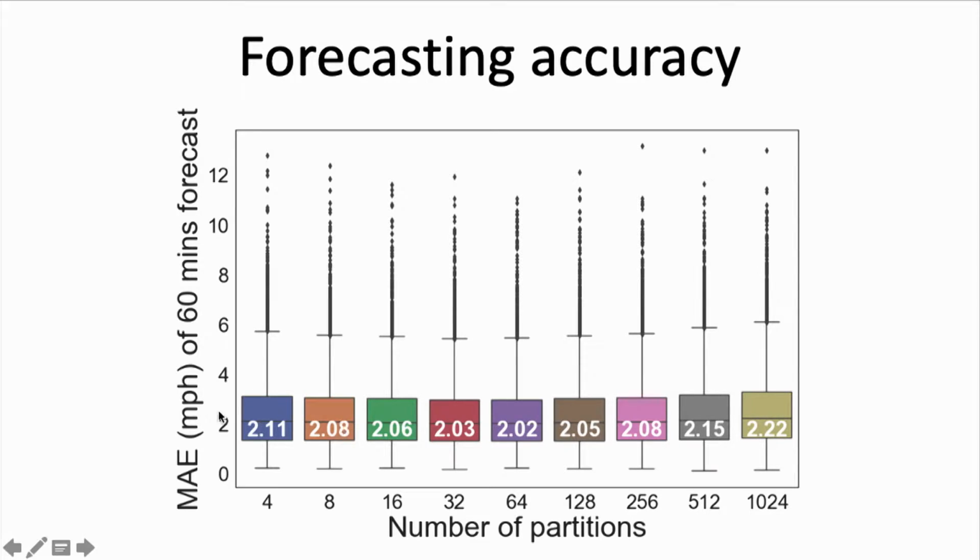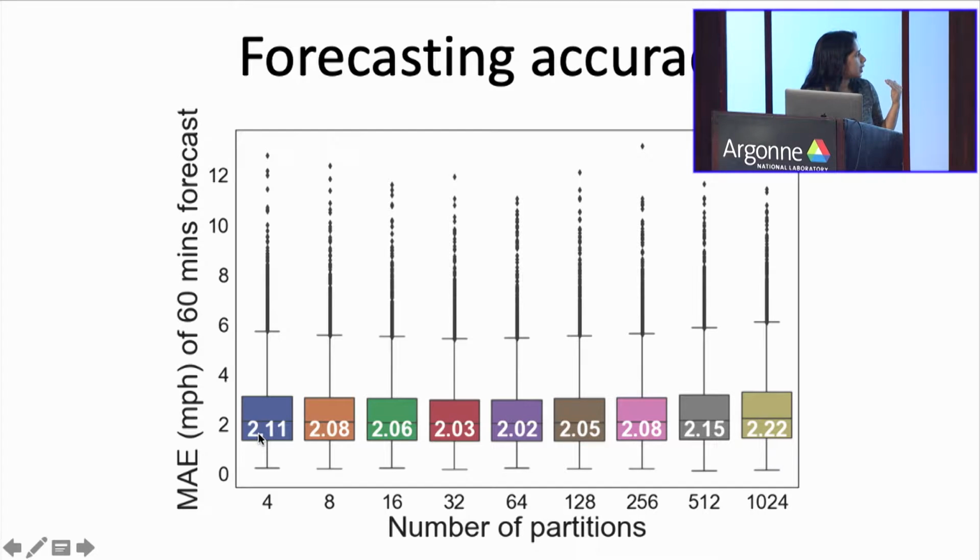If you see the result here, this is for 4 partitions and this is up to 1024 partitions. The error has been calculated for each of these locations, and the distribution of MAE has been plotted here as a box plot.